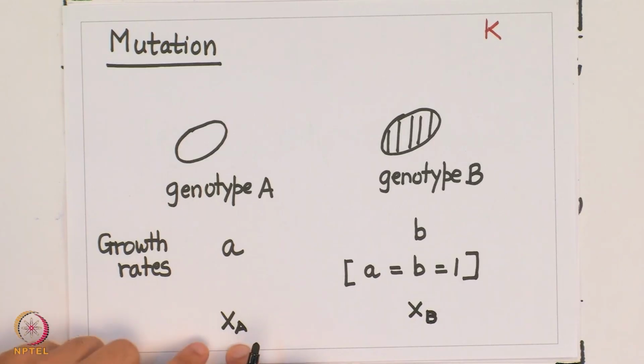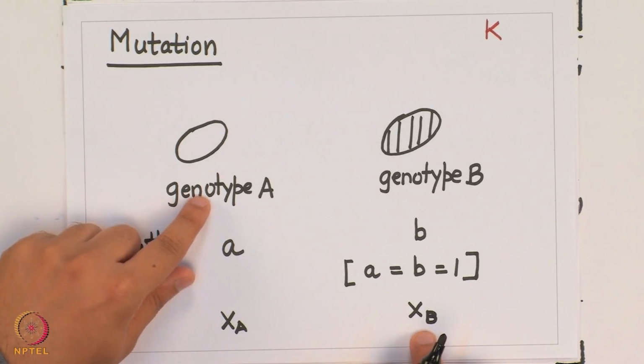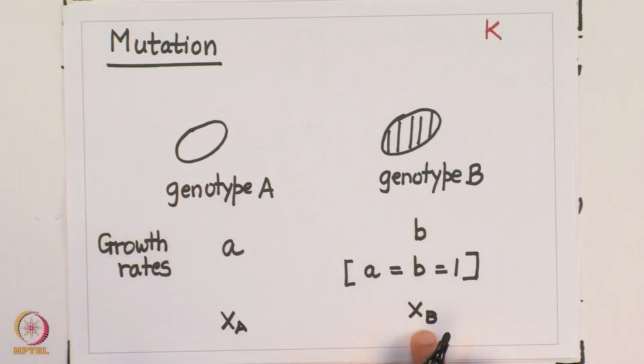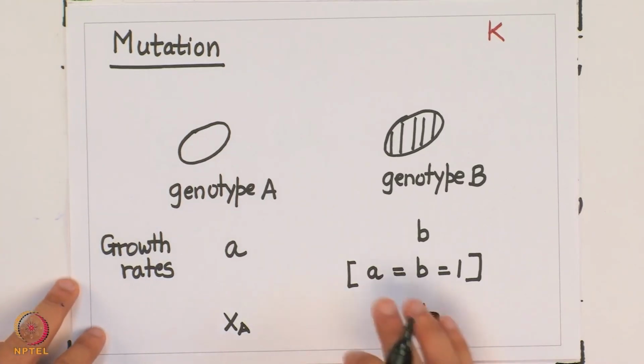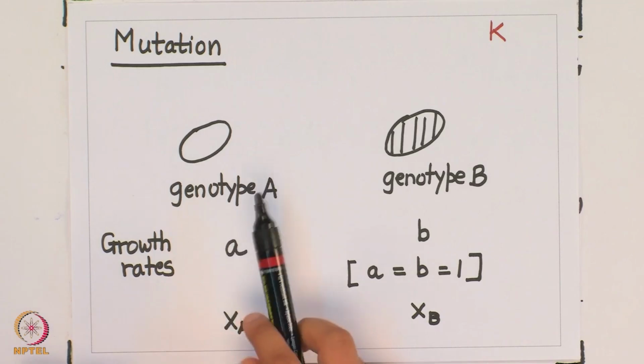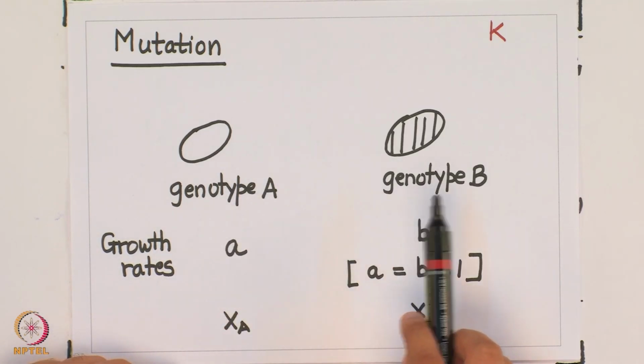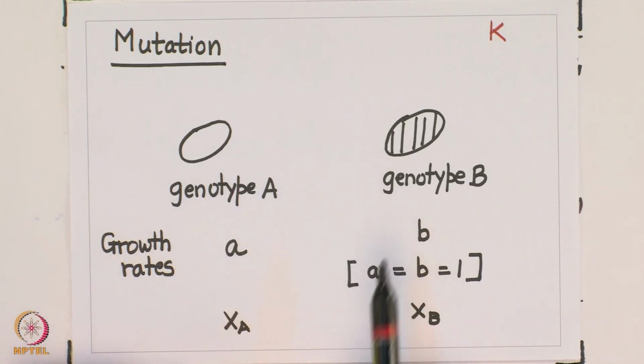XA is the fraction of the population which belongs to genotype A, and XB is the fraction of the population which belongs to genotype B. And we are interested in monitoring how these fractions change with time if there are mutations taking place where genotype A gets converted to genotype B and vice versa, because of the errors in the replicating machinery associated with the growth of these organisms.